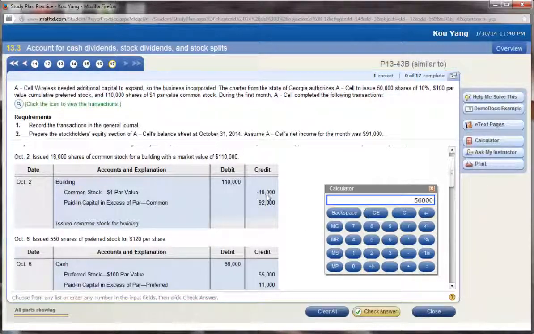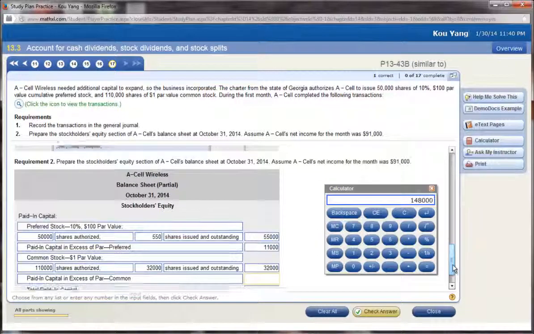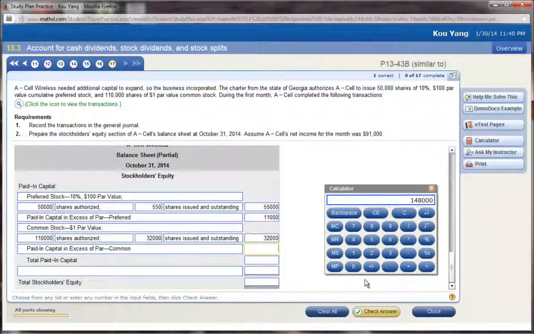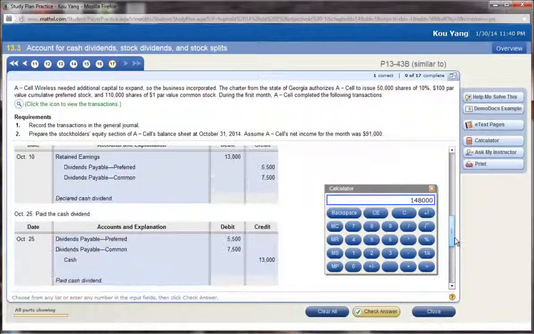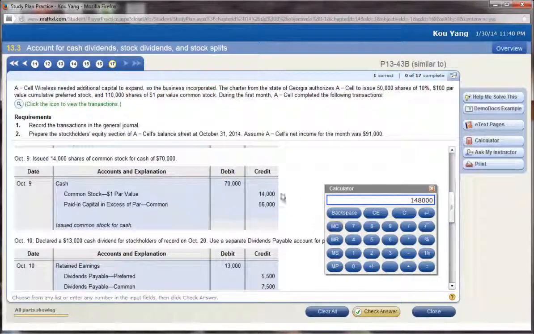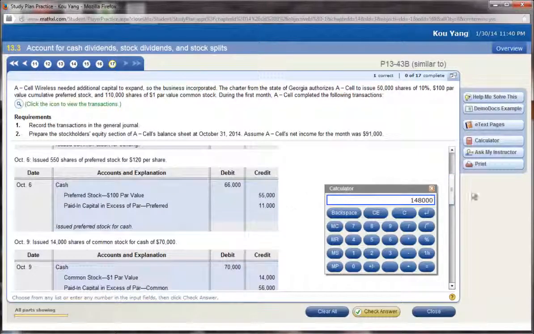Only the 92 because we already added the 18,000 earlier, for a total of 148,000. When I said we already added the 18,000, that means it's in here. This 32,000 is the 18,000 plus the 14,000.